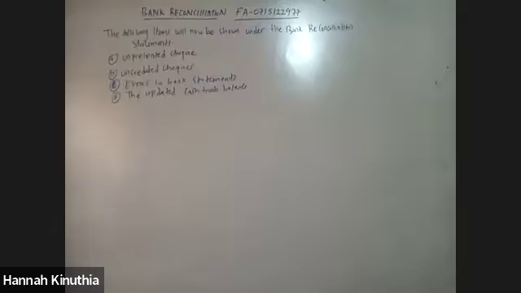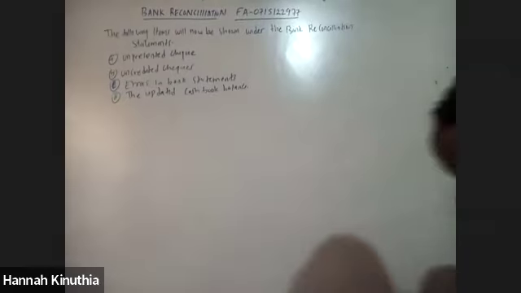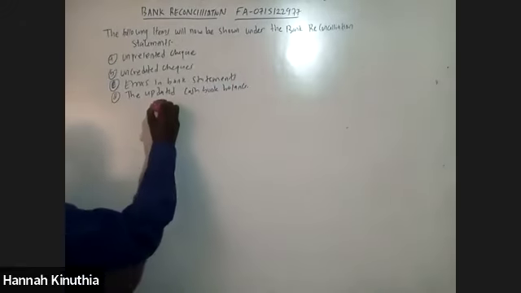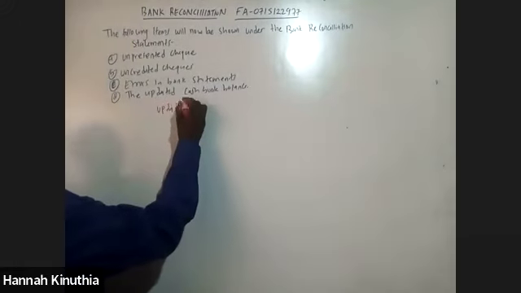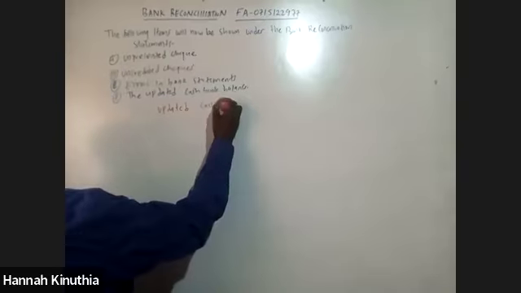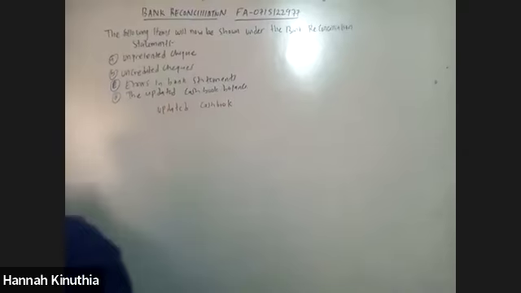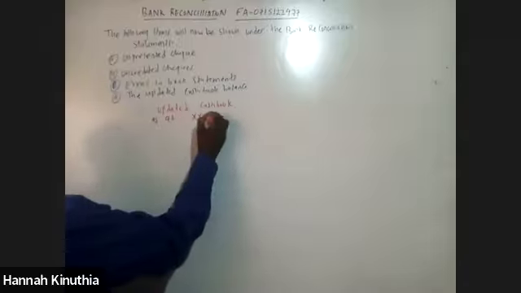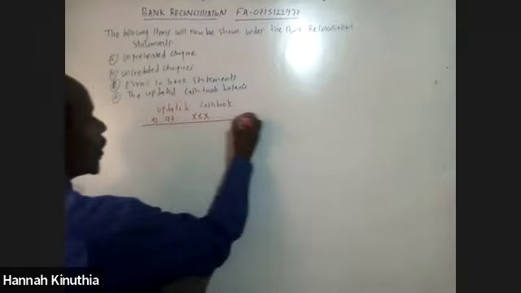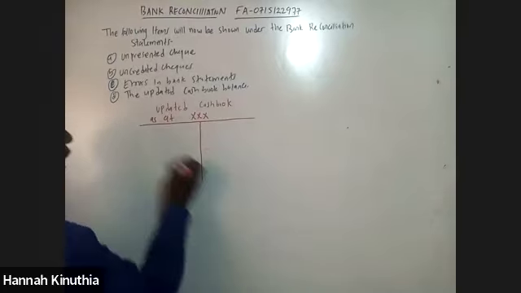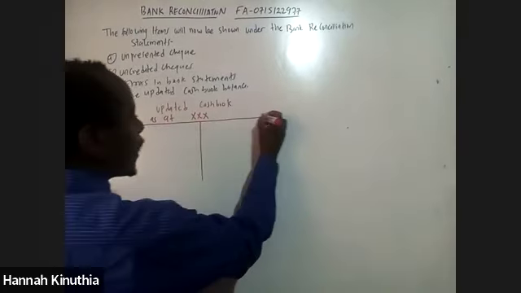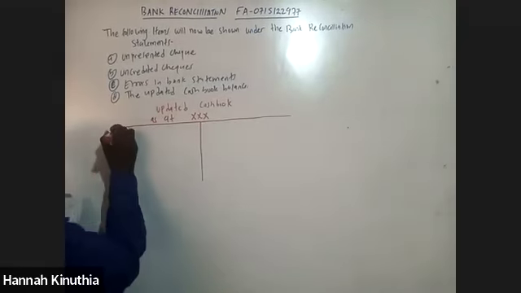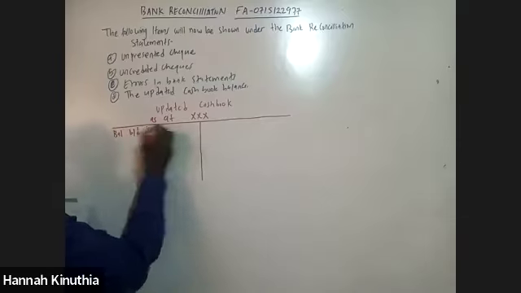So formats. The first one is the updated cash book. Updated cash book as at XXX period. So we start with the balance brought down, the cash book balance brought down.